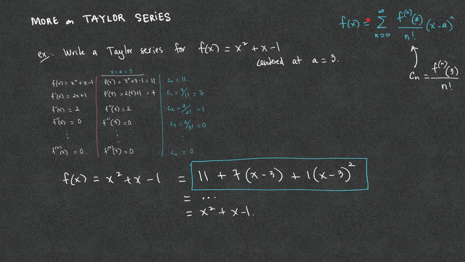Note that the Taylor series is supposed to be an infinite series, but if the function that we start out with is a finite polynomial of degree n, then the Taylor series is going to be a finite polynomial of degree n as well.